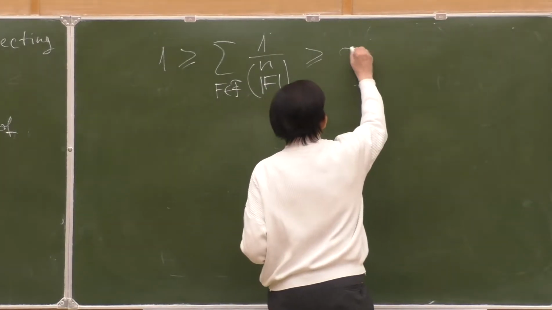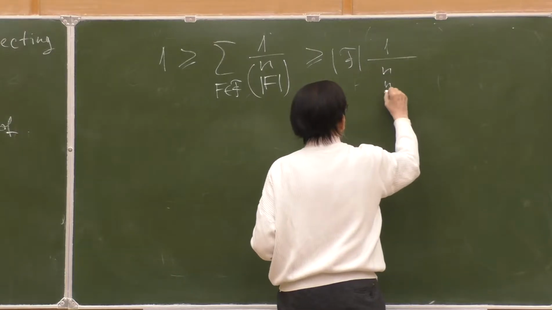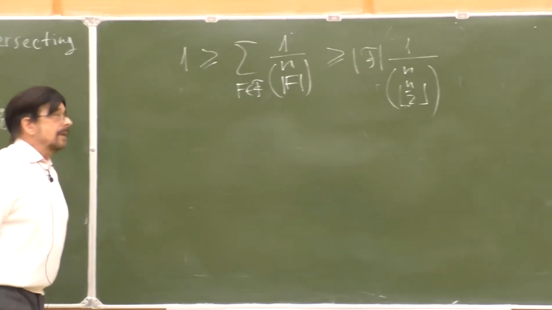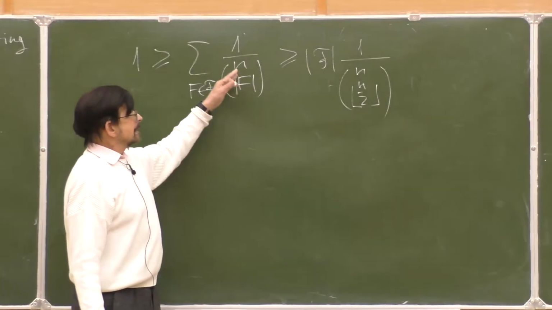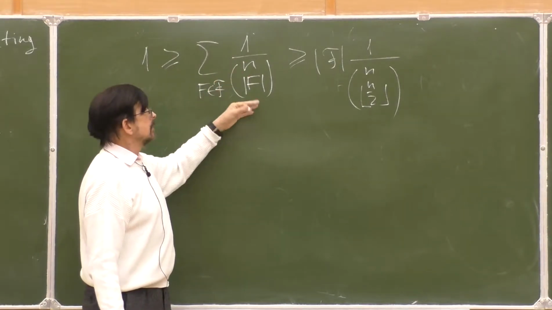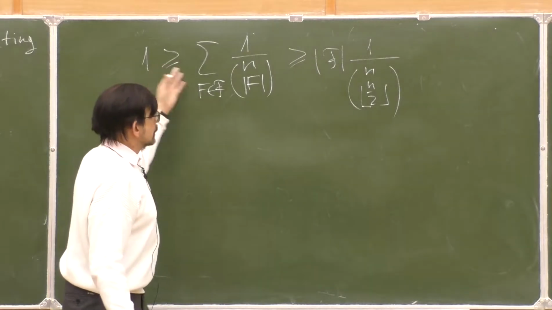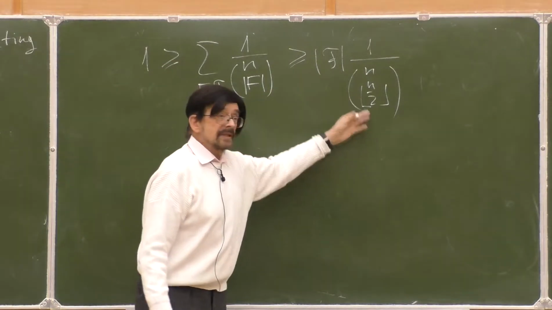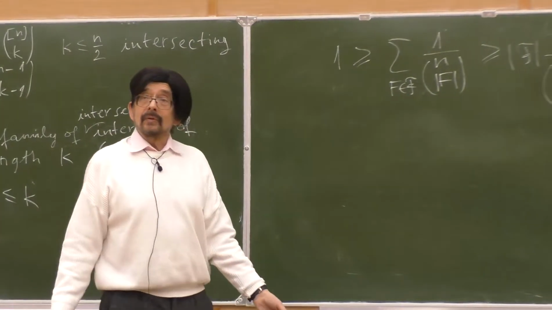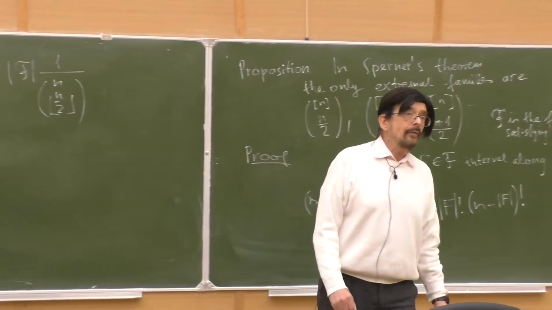So we have this inequality if we replace every term by the smallest one, which means when this is the largest, so the middle one. And then we obtain that f is at most this one. So now you can say, oh, we didn't get anything new. We proved the same thing as in Lubell's proof.